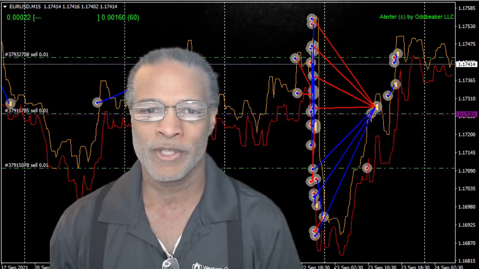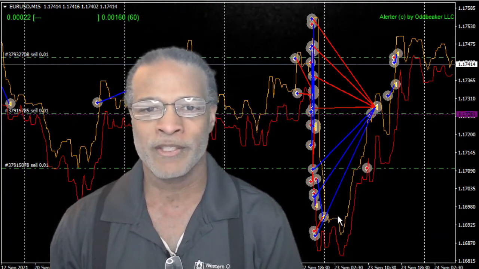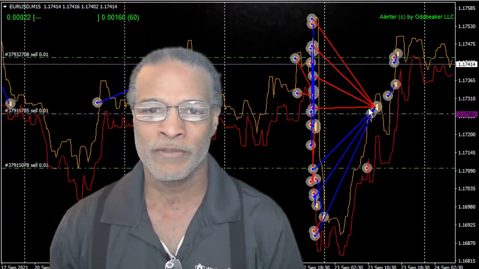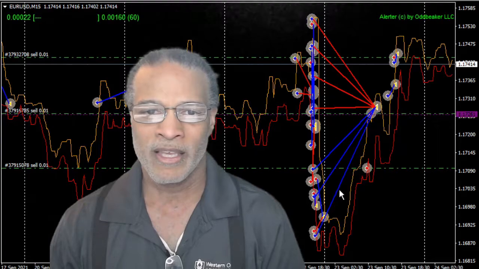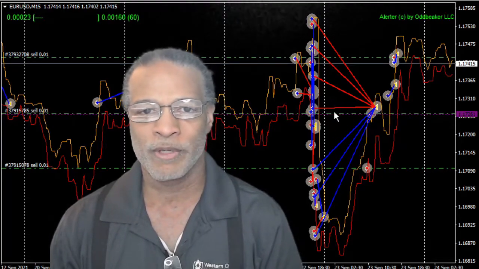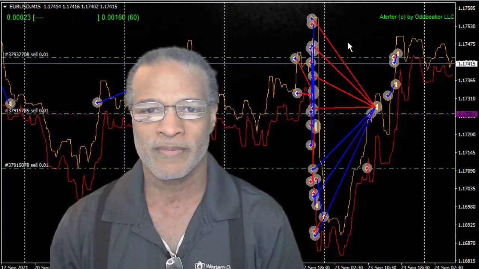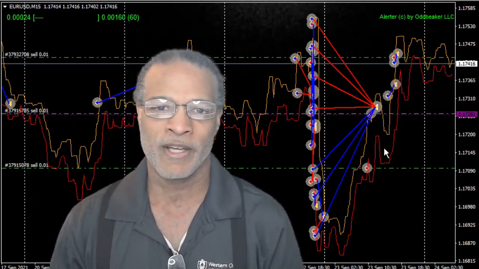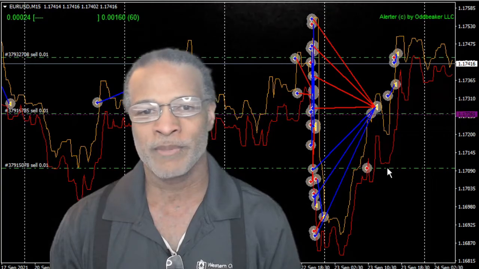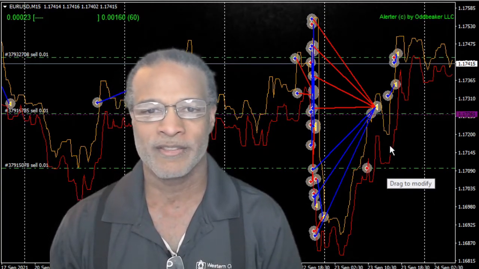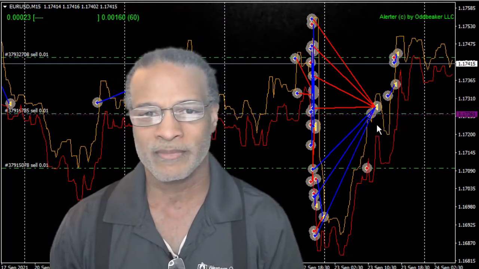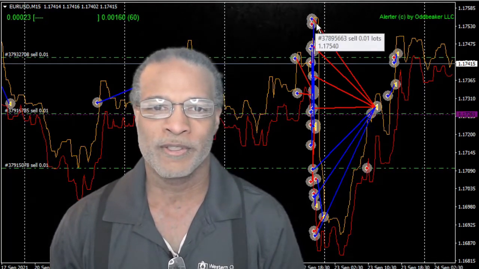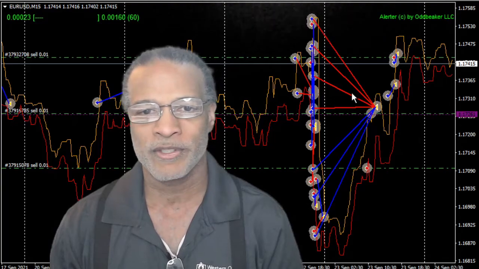These baskets always, unless I intervene, close in profit. So the net result of this, when all of these trades close at the same time, is that these 3 wins earned me more than these 4 losses. So the net result is positive. Anytime you see a round that closes like this, unless something drastic happens, it's always a winning round. Okay, so the arrows indicate the start or opening of a position.